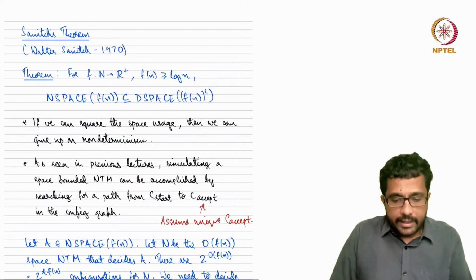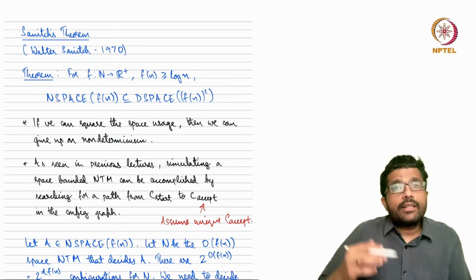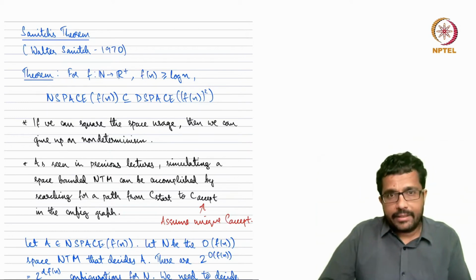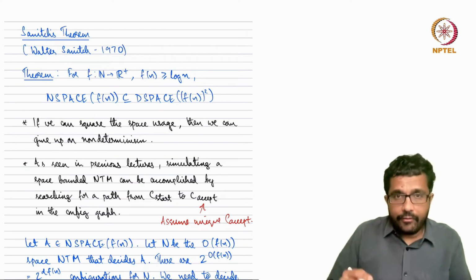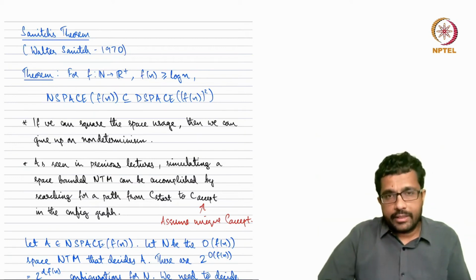So basically, we can let go of the non-determinism if we just square the space usage.